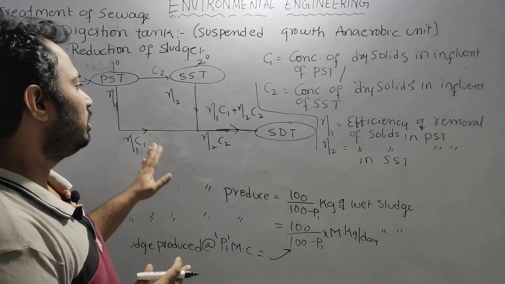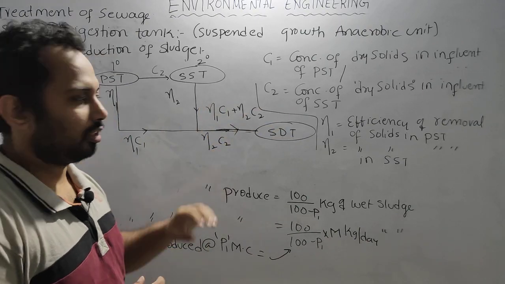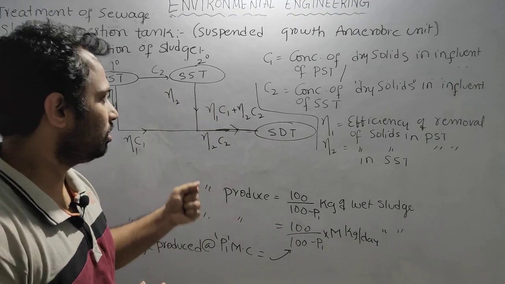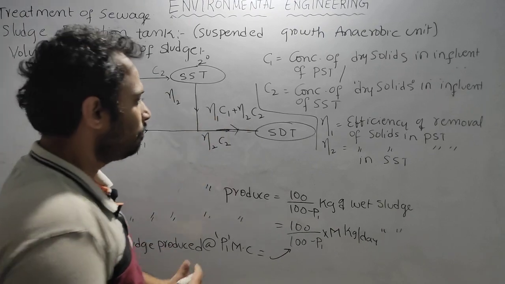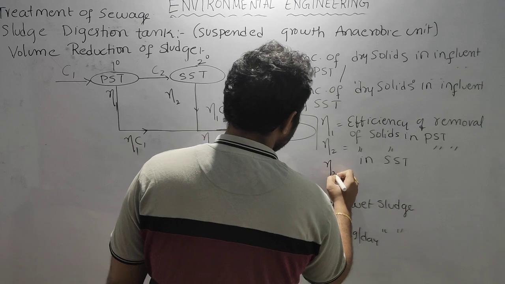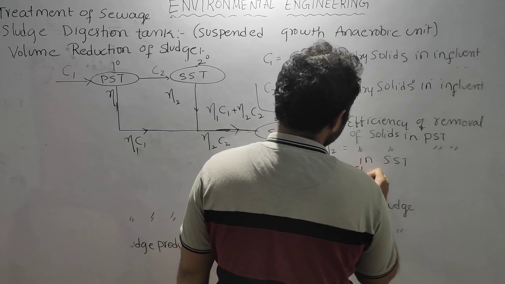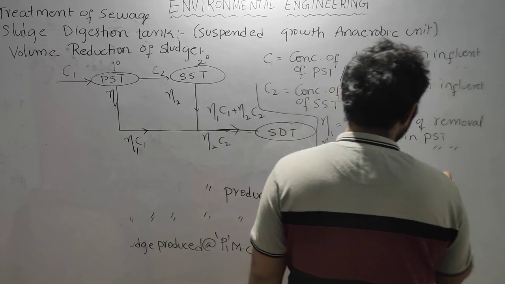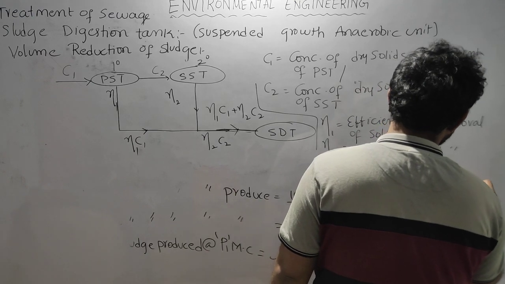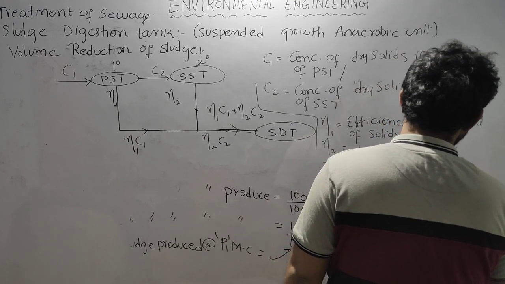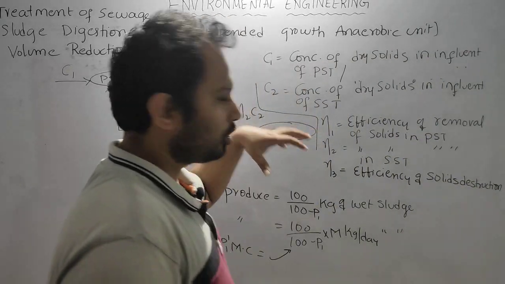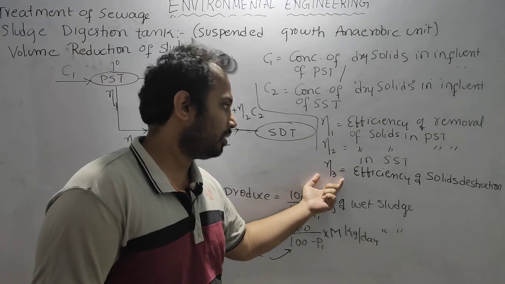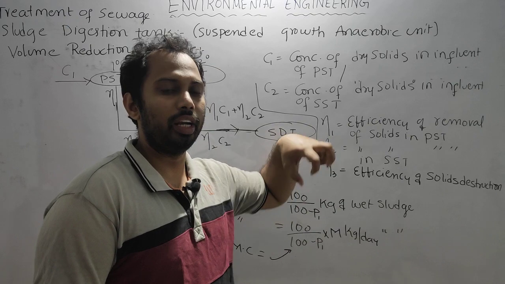For example, if this much of solids is entering, and some solid is destructed in it, then this is the quantity of solid entering, and eta 3 is the efficiency of solids destruction. That means of the solids entering the sludge digestion, this percentage of solids is getting destructed.